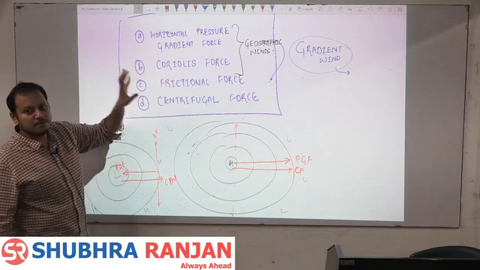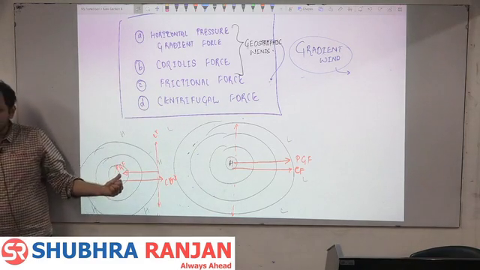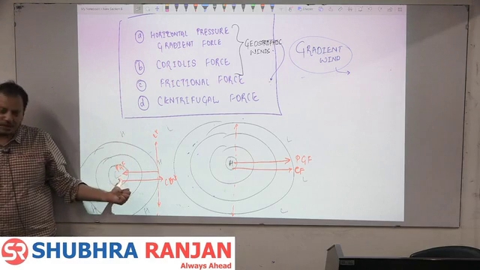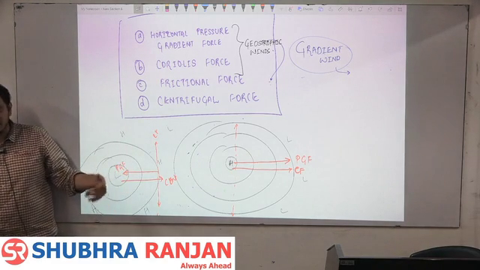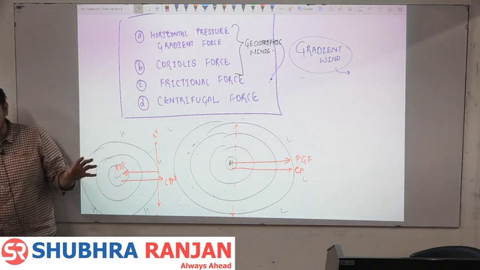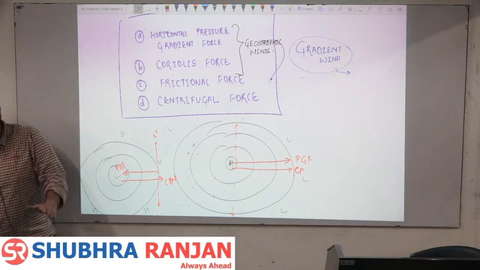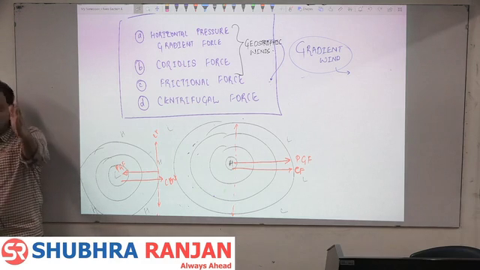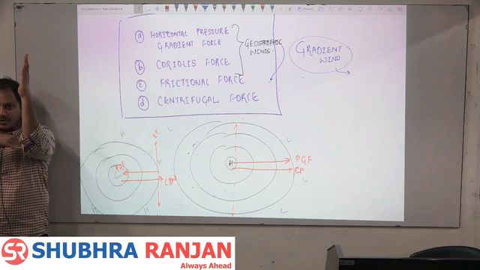Frictional force may not play an important role because jitna ज़्यादा differences between the high pressure and the low pressure, उतना greater is the wind speed. जितना greater is the wind speed, उतना lesser is the frictional force. Getting it? Geostrophic winds में pressure gradient force की direction में है, Coriolis force की direction में, frictional force absent है.